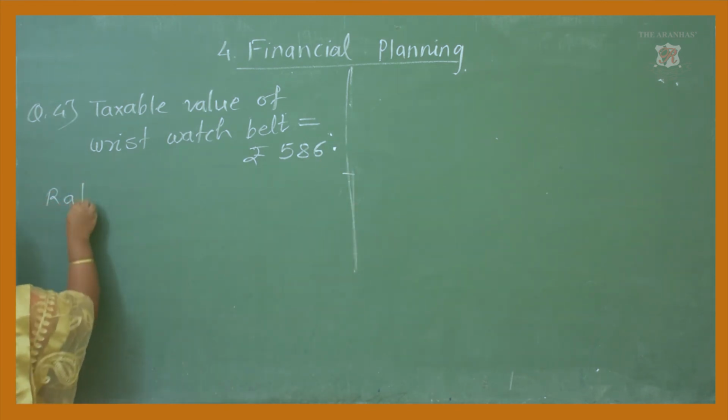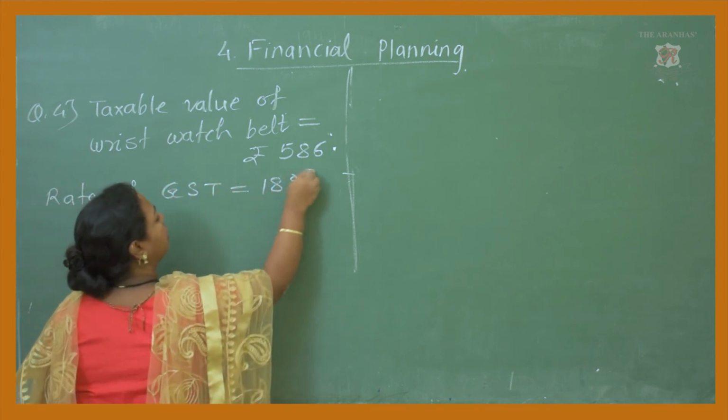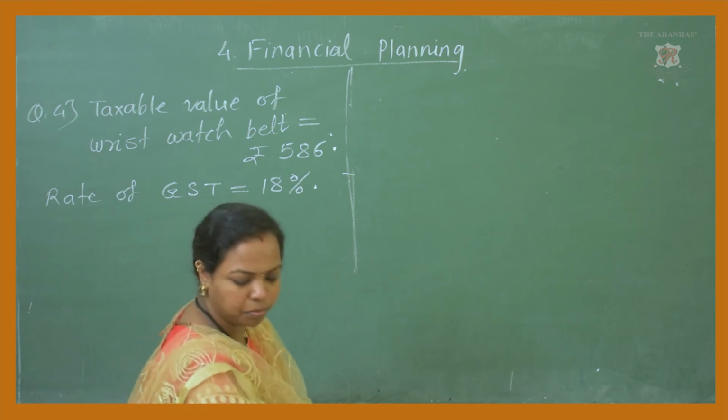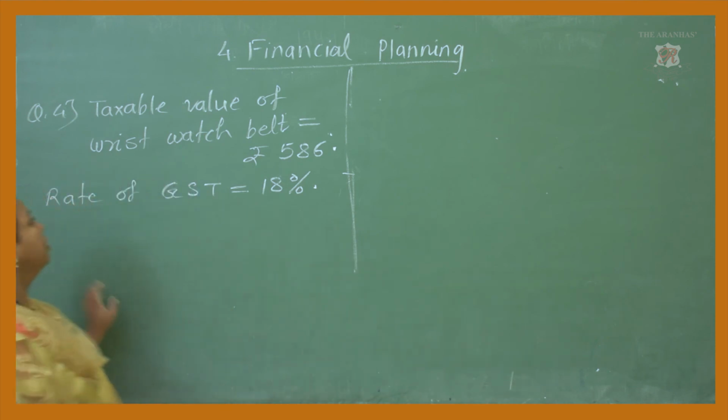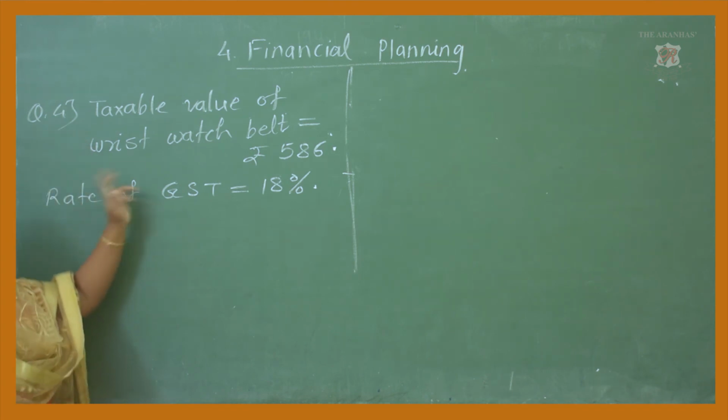The rate of GST is given as 18%. Now we have to calculate the amount, or the total value, of that wristwatch belt.